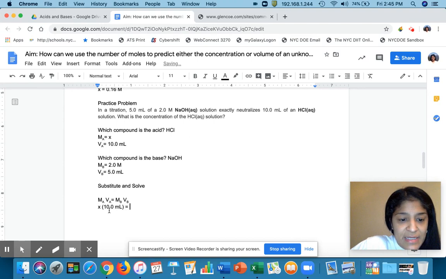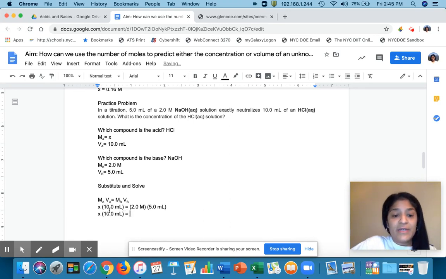And then that's going to be equal to the molarity of the base, which is 2.0 molar times the volume of the base, which is 5.0 milliliters. And so that would be X times 10.0 ml is equal to 2 times 5, which is 10. So 10 moles, because once again, molarity times volume is moles.